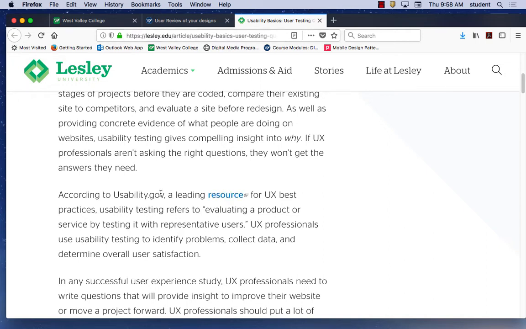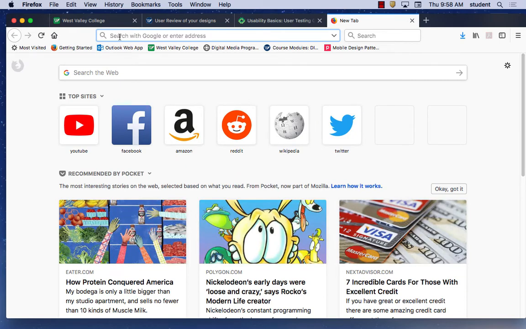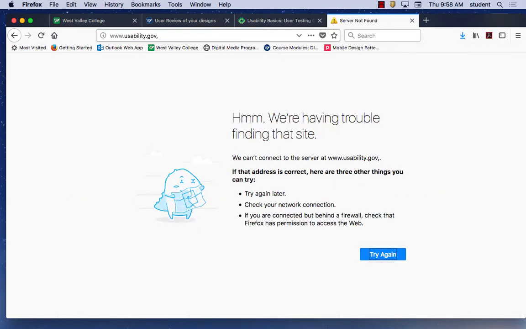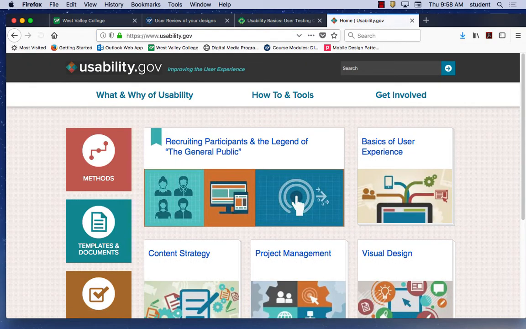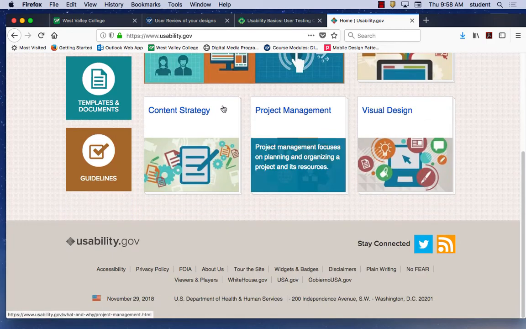And if you haven't been to usability.gov, it's quite interesting. It's basically put on by the government. And again, this is a website for planning projects for the government. And then they have a standard, right?